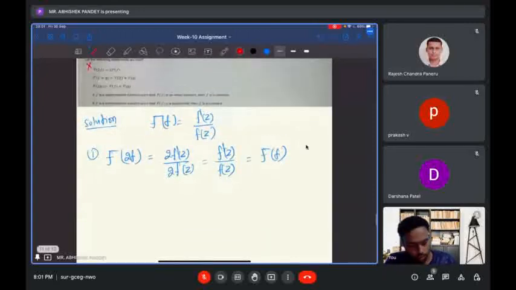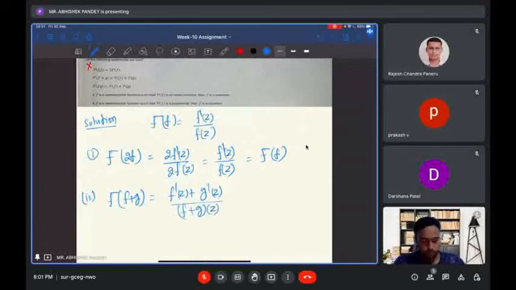Now you see the second option. F of (f plus g) will be equal to (f dash z plus g dash z) upon (f plus g)(z). So this will not be equal to F of f plus F of g. The third one is you take f into g.